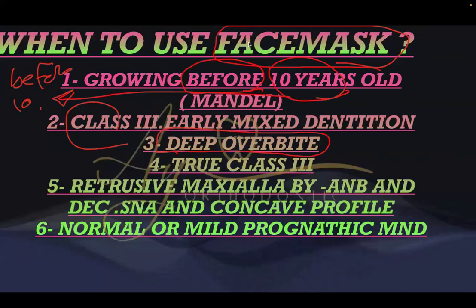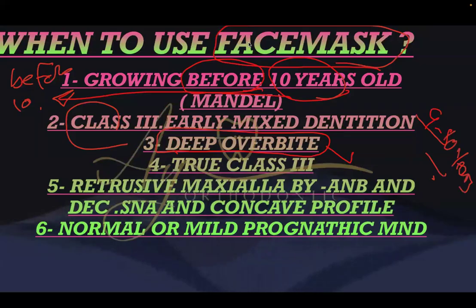During proclination of the upper incisors, it's shallowing the bite. So I can't start treating a patient with a shallow bite and reverse overjet because it will be more shallow. It tends to end the case with an open bite. So I need to have a deep bite case in early mixed dentition from the age of 9 to 10 years old. Don't start earlier.